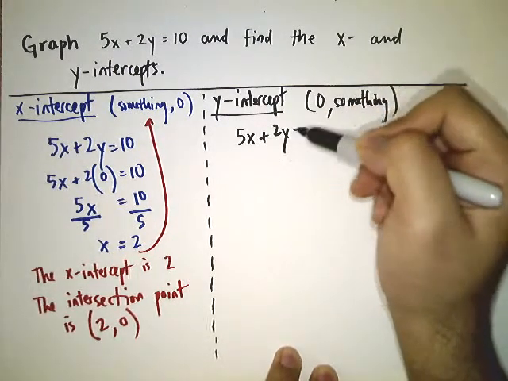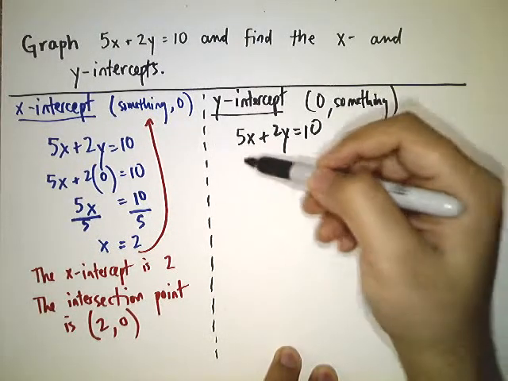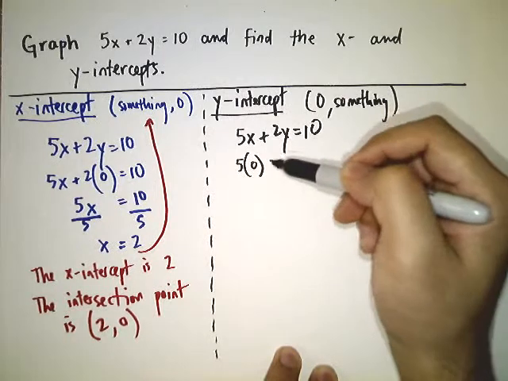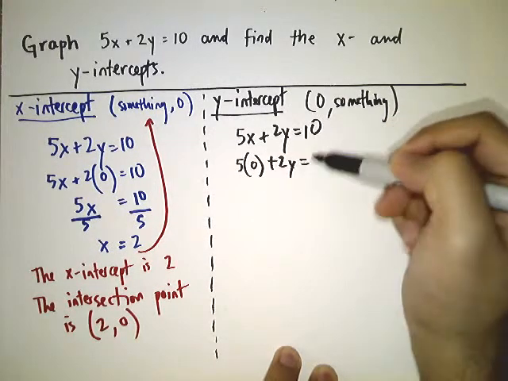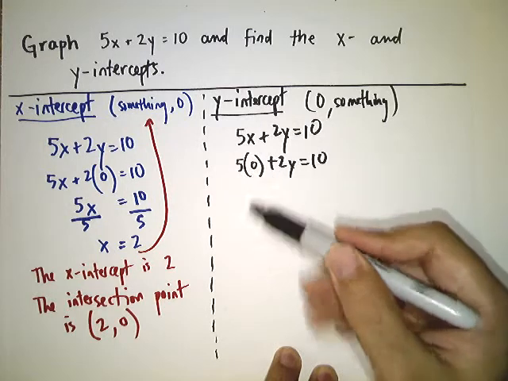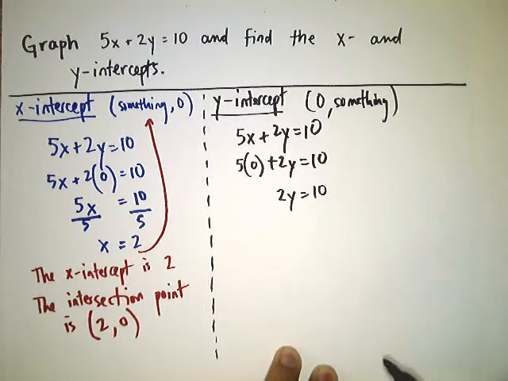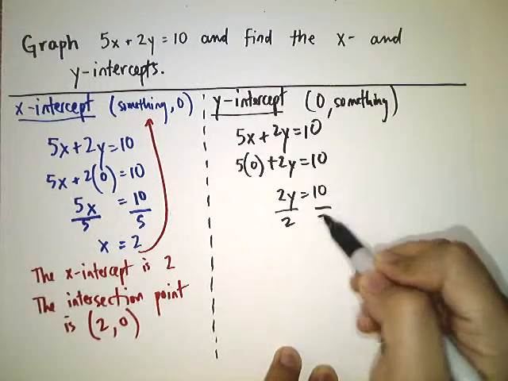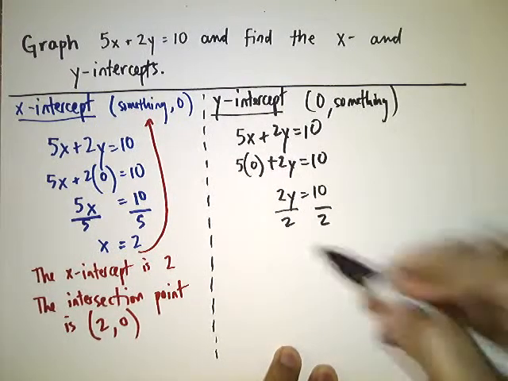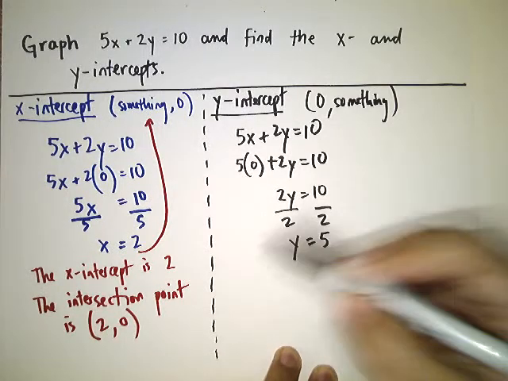So let's see. We'll start with our same equation, 5x + 2y = 10. We're going to plug in 0 for x. 5 times 0 plus 2y equals 10. Well, 5 times 0 is 0. So all we're left with is 2y = 10. We'll divide both sides by 2. y = 5.